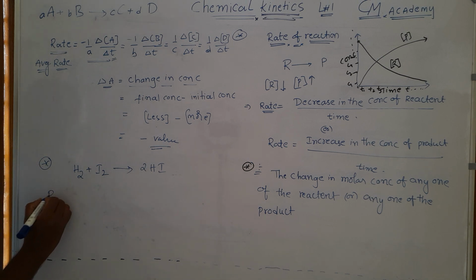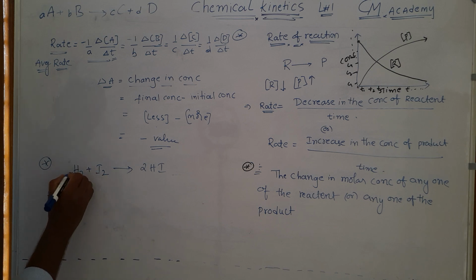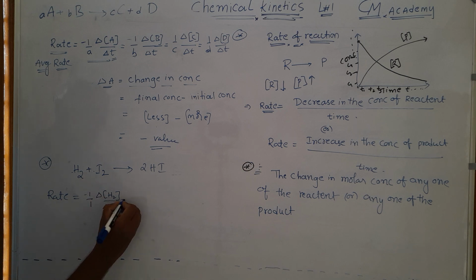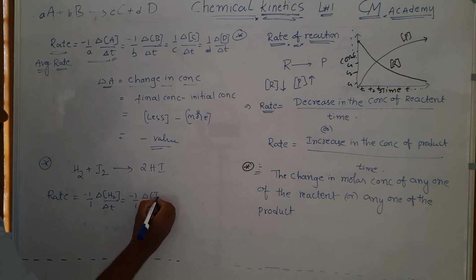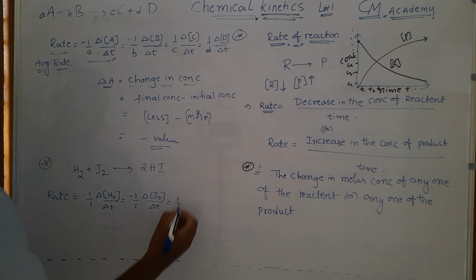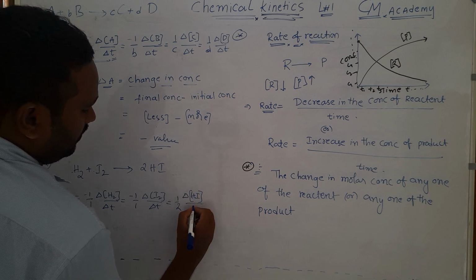The average rate is equal to minus 1 by 1 delta H2 by delta t, where delta H2 means the molar concentration of H2, that is equal to minus 1 by 1 delta I2 by delta t, that is equal to 1 by 2 delta HI by delta t.